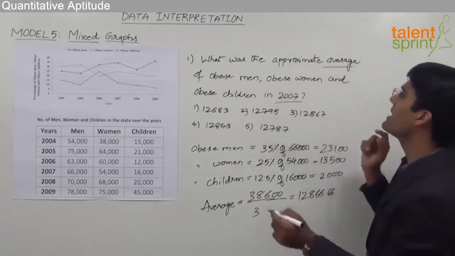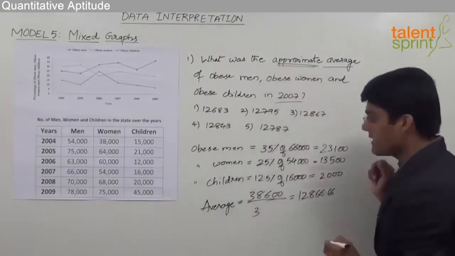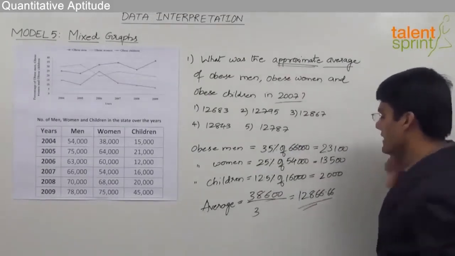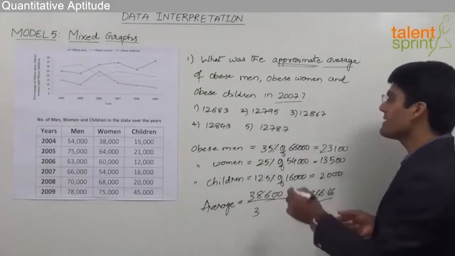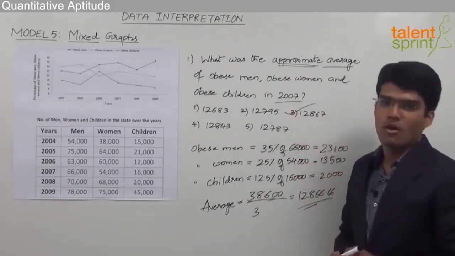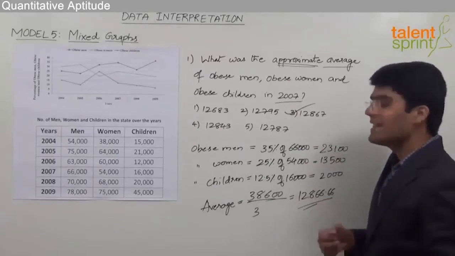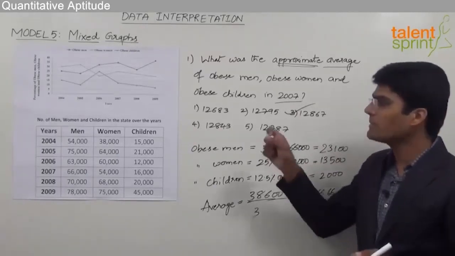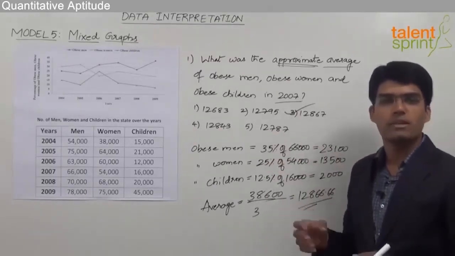But as the question says, the approximate average is required. So approximately 12,866.66 can be taken as 12,867. So we can say that the answer for this question is option number 3, that is 12,867. So it's all about picking up the right values, simplifying and doing the calculation to get the required answer.